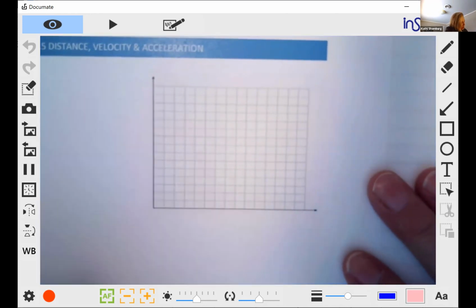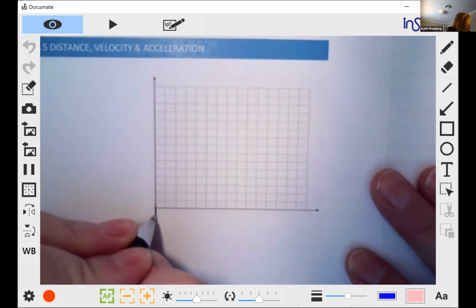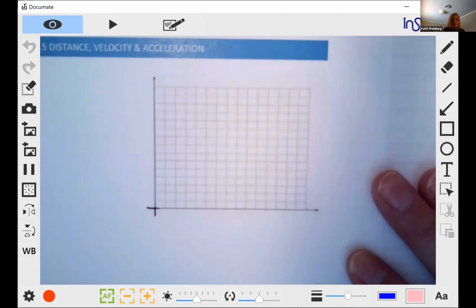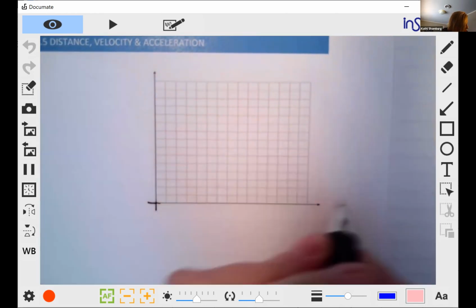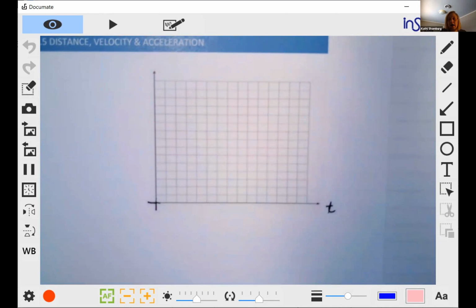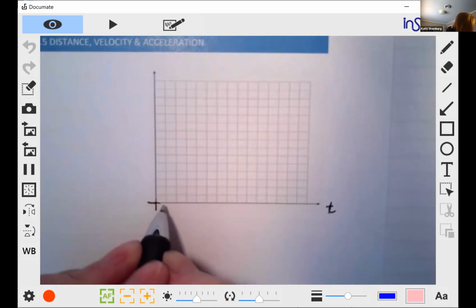All right, so here we have an X and a Y axis. The input is T, which is your time. That could be seconds, that could be hours, whatever it is. We're going to look at hours.